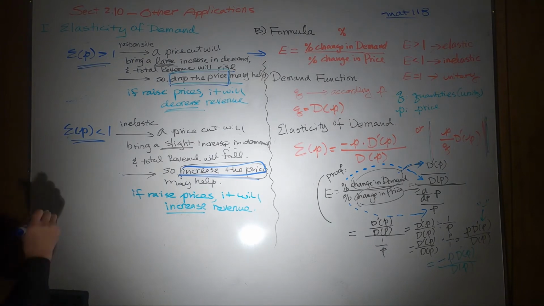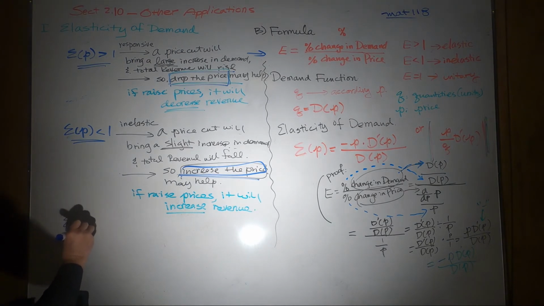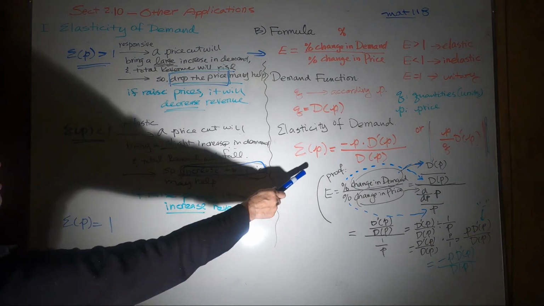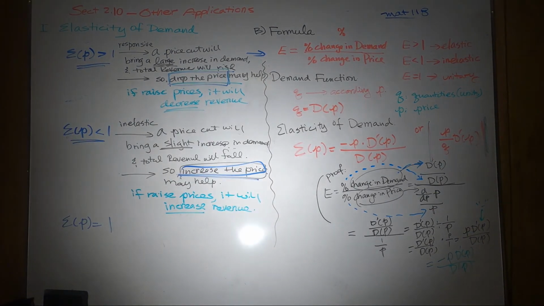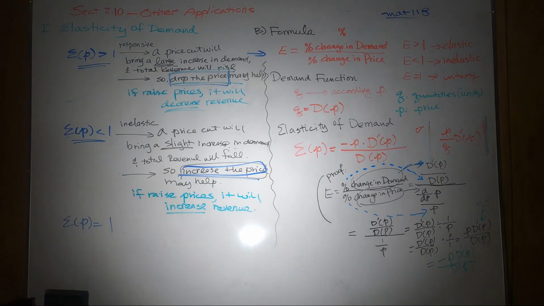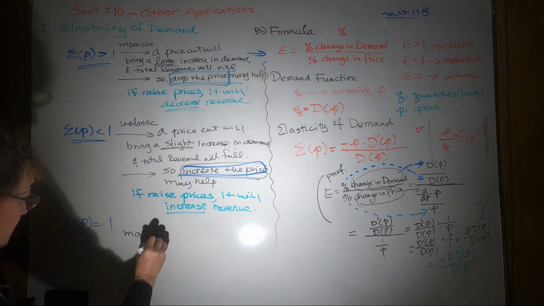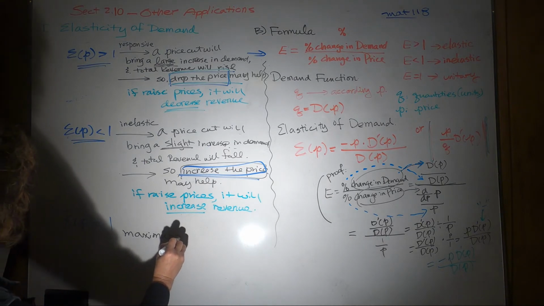If elasticity is 1, that means this one is 1. What are we going to do? It will be your maximum revenue. Okay? That will be maximum revenue.